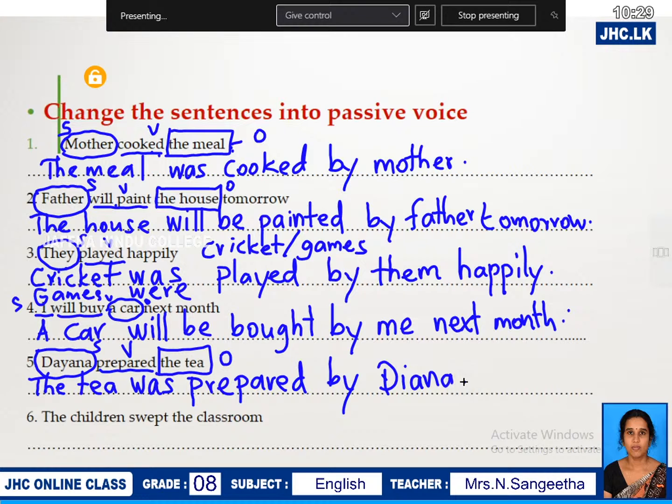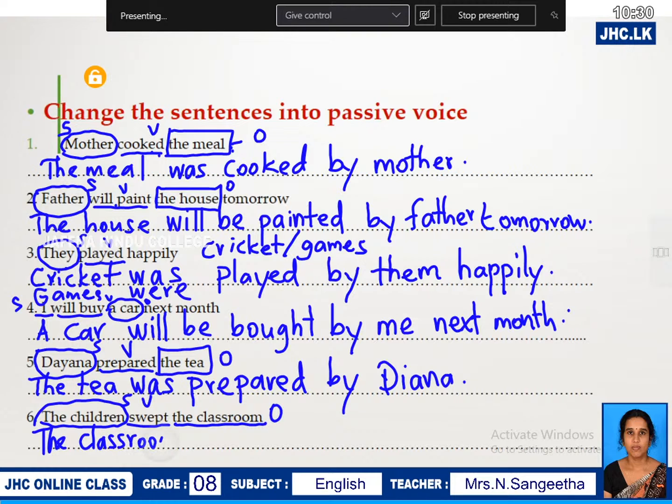Then the sixth one. The children swept the classroom. Who? The children. This is the subject. What did they do? Swept. Verb. It is in past tense. What did they sweep? The classroom. This is the object. So bring the object to the beginning. The classroom.